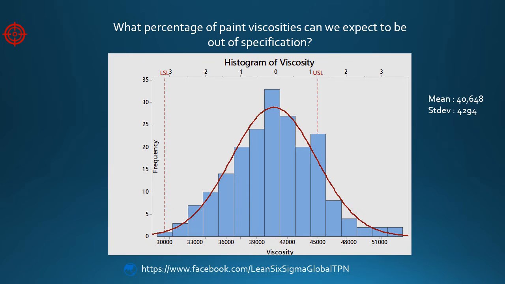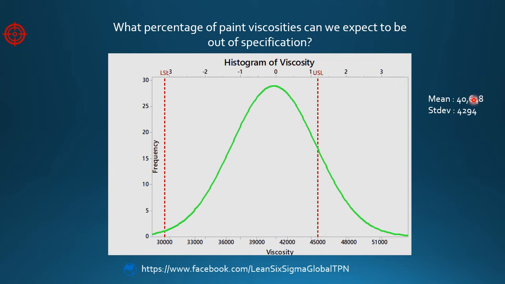We use properties of the normal distribution to calculate the sigma level. For this example, the mean is 40,648 and the standard deviation is 4,294, which gives us this normal curve.